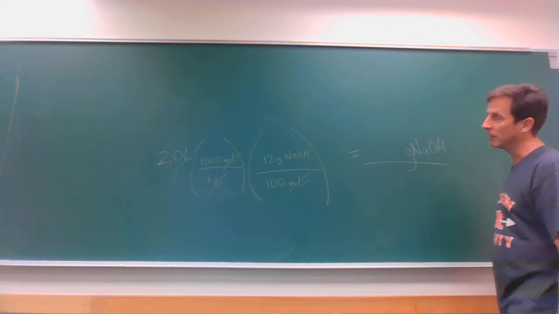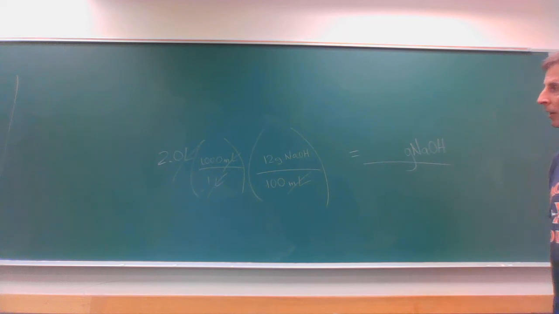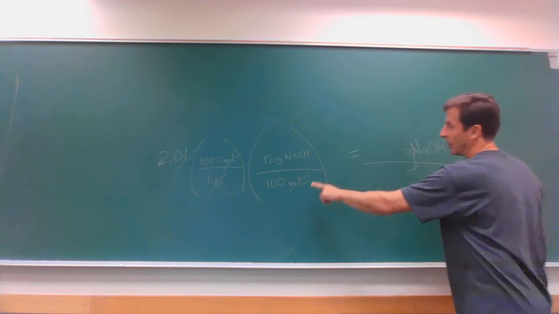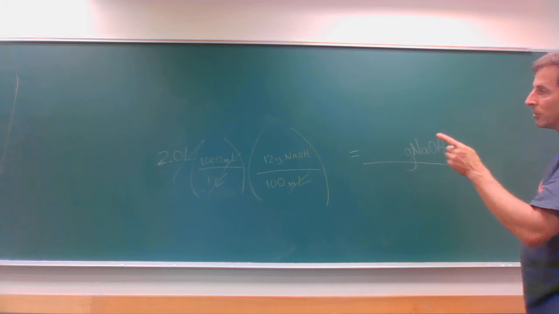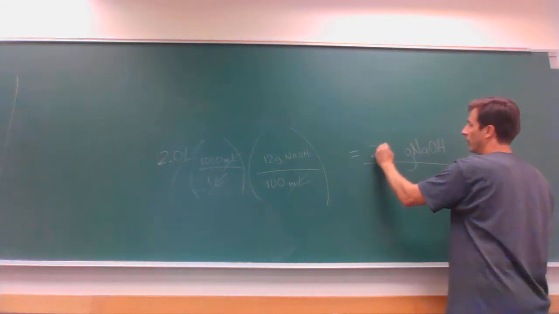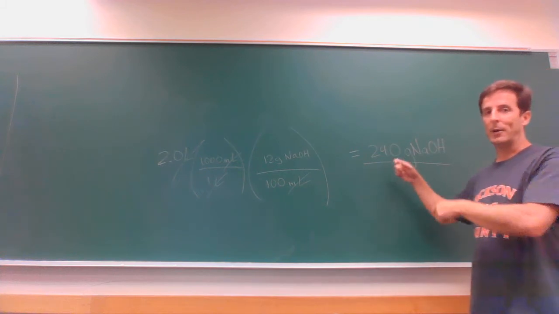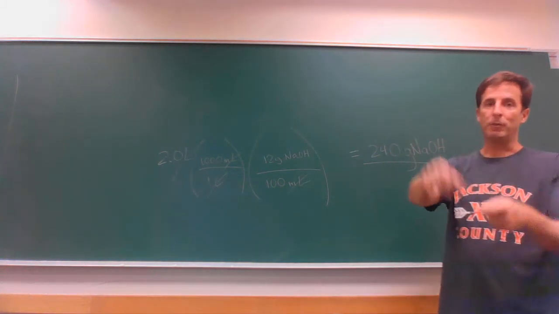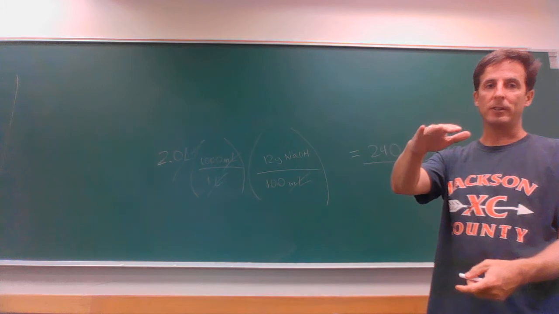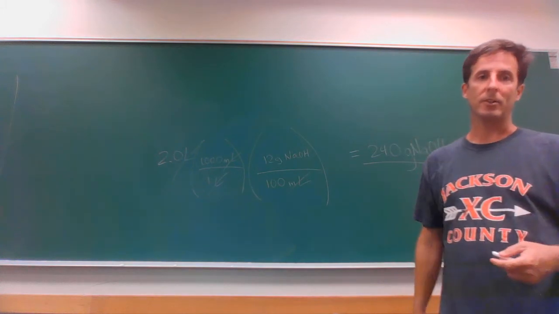Wait, oh, hold on. Let's see. I forgot to divide by 100. So 240. So it's going to be 240 grams of sodium hydroxide. That's how much I would have to add. Put it into a flask, fill it up to 2 liters of solution. That would give me the concentration that I need.